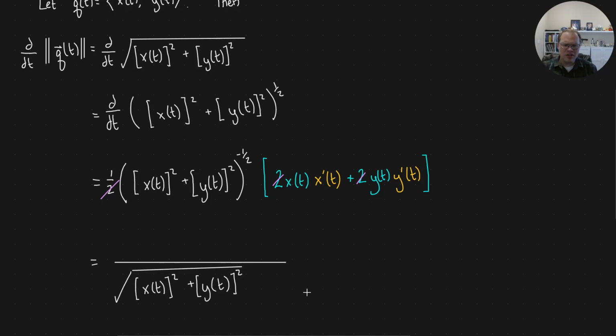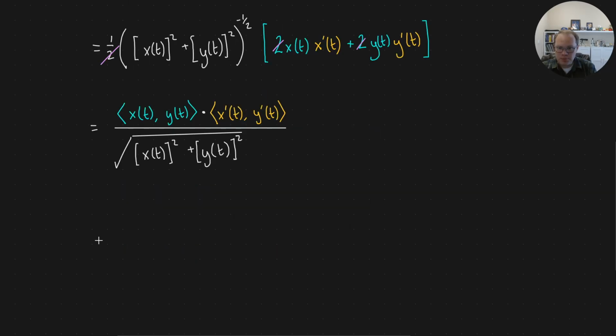Okay? And on top, notice I have something in both of these terms, in both of the products. The left factor are the components of q of t. The right factor are the components of the derivative q prime of t, right? And so we could think about this as a dot product of x of t, y of t, dotted with x prime of t, y prime of t.